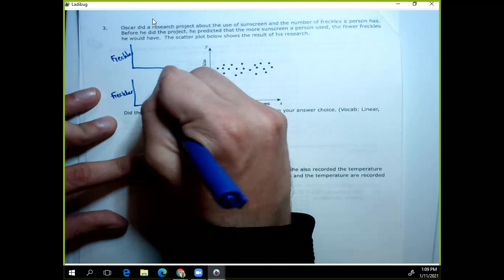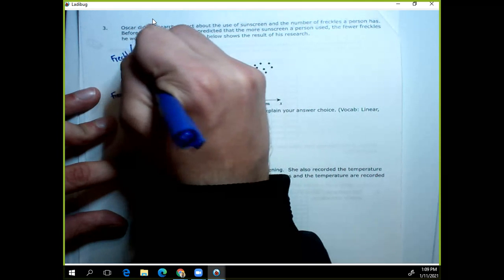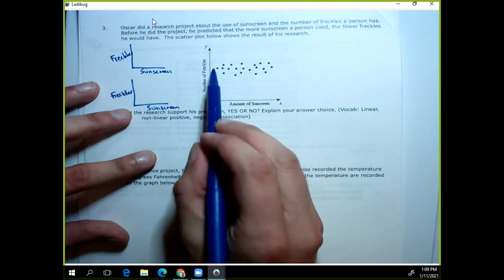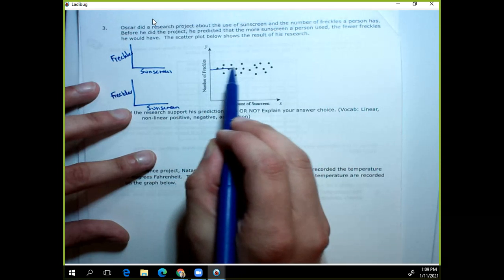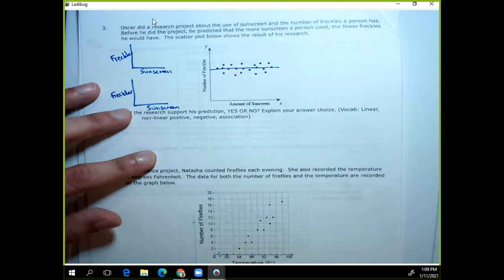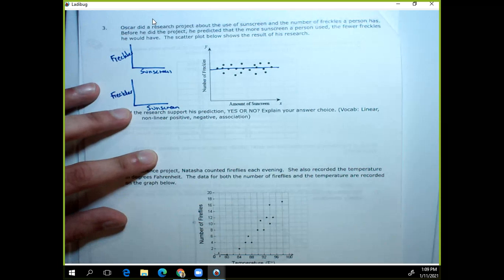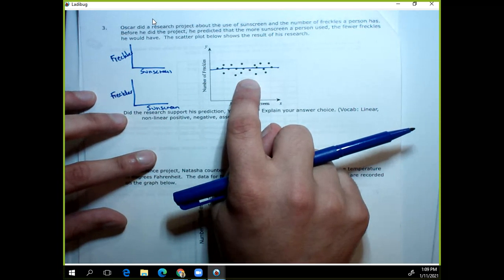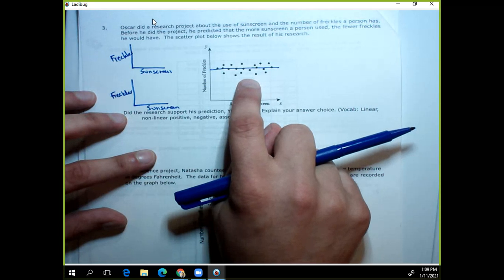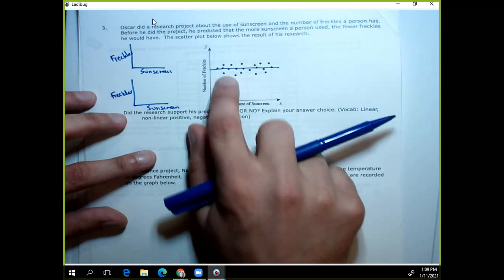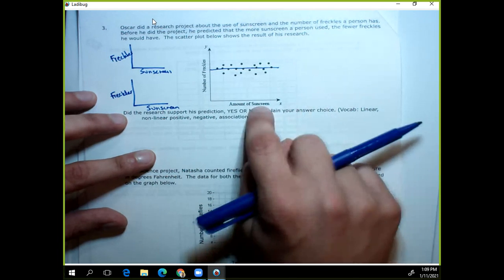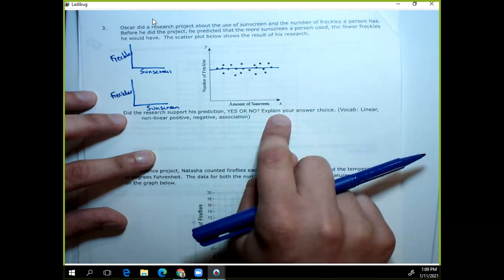Sunscreen. All right, so first off, that's making just a straight line, a horizontal line. So is this showing us a positive or negative correlation? No. It's showing us a trend. It's going just in a straight line, but there's no correlation. So sunscreen and freckles don't relate to each other in any way.